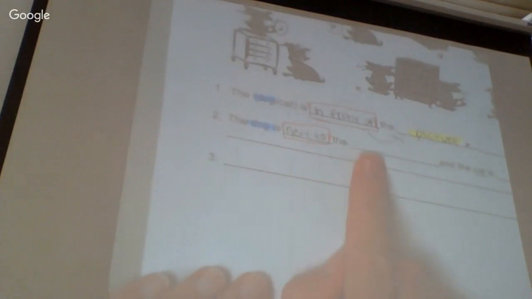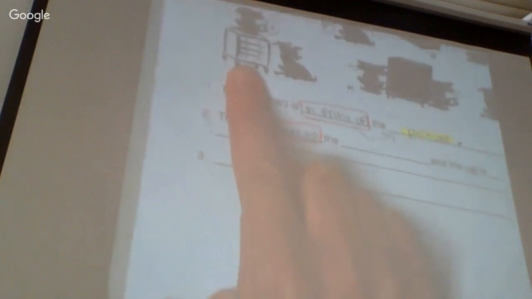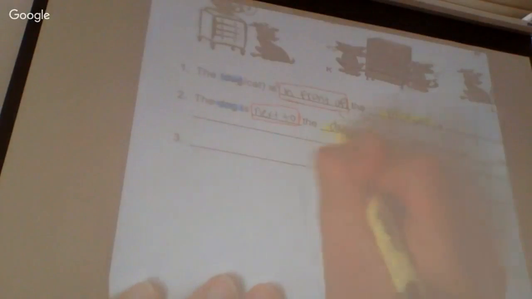Okay? And then to complete my sentence, what is the dog next to? The dog is next to the bookcase or the dresser. Dog is next to the dresser. And then I highlight dresser in yellow because that is the location of the dog. I do not put a period at the end because I need to finish my sentence, right?